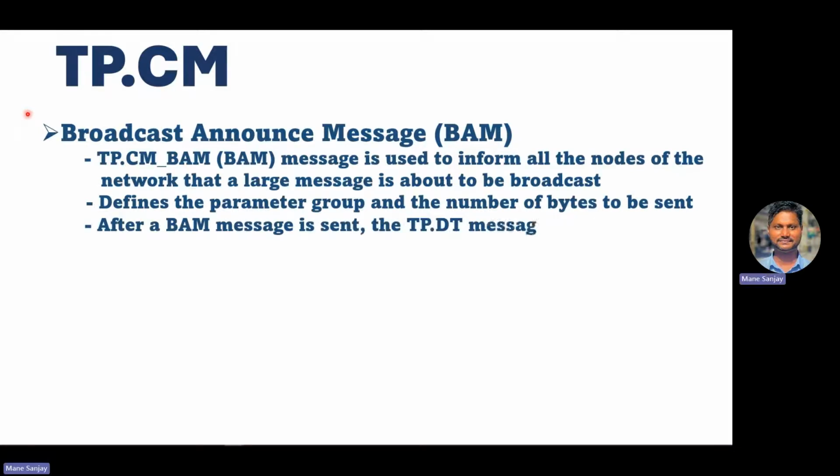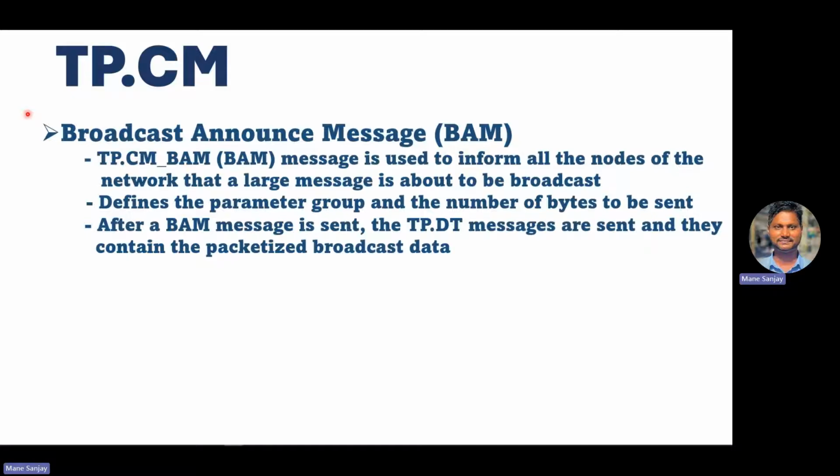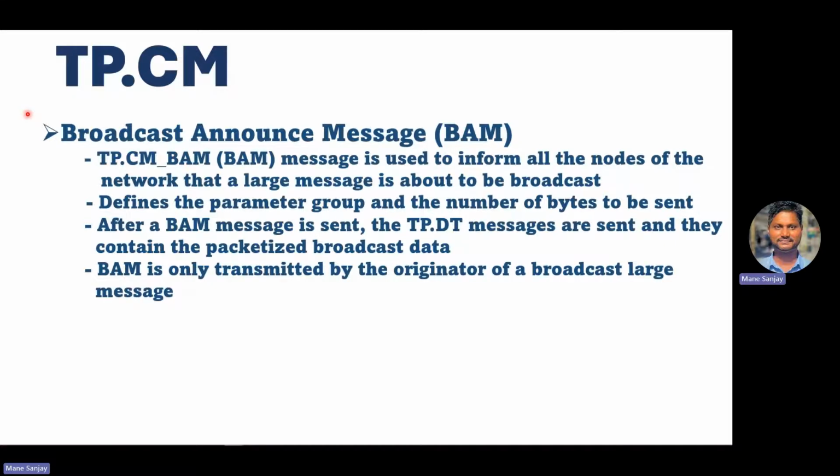After the broadcast announce message is sent into the network, the TP.DT messages are sent, and they contain the packetized broadcast data. The broadcast announce message is only transmitted by the originator of the broadcast large message.